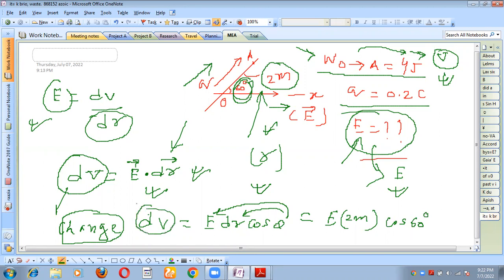Now, here is the problem. Here we don't know dV actually. So for that, what formula do we have to use? Anyone? dV equal to dW by q. Correct. dV is equal to dW by Q. Potential is itself defined as work done per unit charge. So from here we can write, I'm going to the next page.